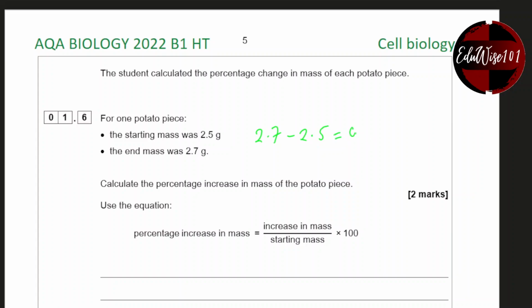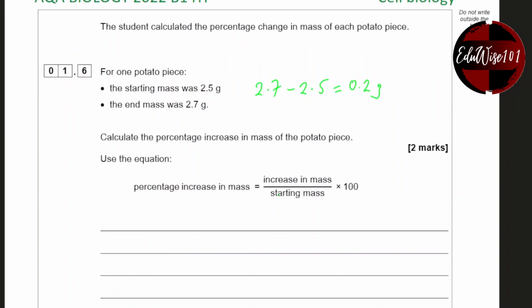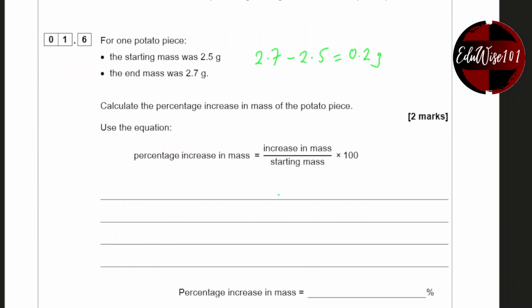That gives me 0.2 grams, or the increase in mass. Calculate the percentage increase in mass of the potato piece. They have given you the equation. So that's 0.2 divided by the starting mass, which is 2.5, and multiply that by 100. That should give you 8%.